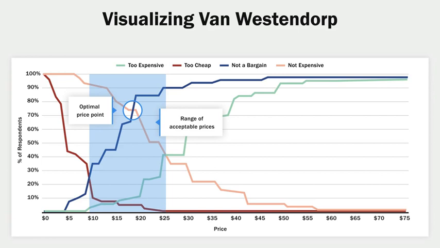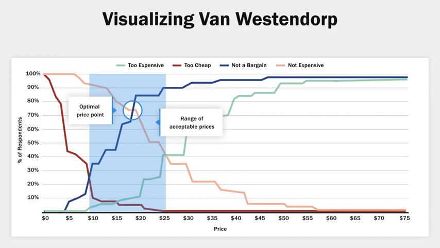But the most important thing is what is called the range of acceptable prices. That is the intersection of the too cheap and not a bargain curves and the intersection of the not expensive and too expensive curves. This gives you a range of values that you can use as the hypothesis for the pricing for this specific tier.